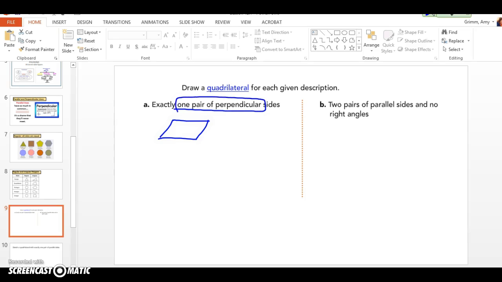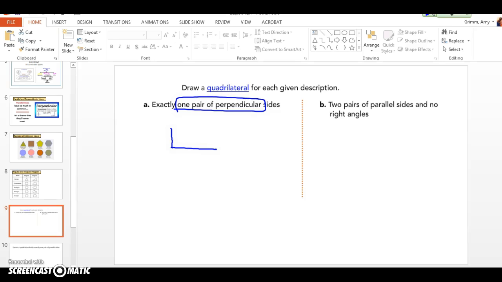Exactly 1 pair of perpendicular sides. So I also have to make sure that it has a 90-degree angle in it, and it can only have 1 90-degree angle, but I have to have 4 sides. So how many sides do I have right now? 2. So I need 2 more sides. I need to make it closed.